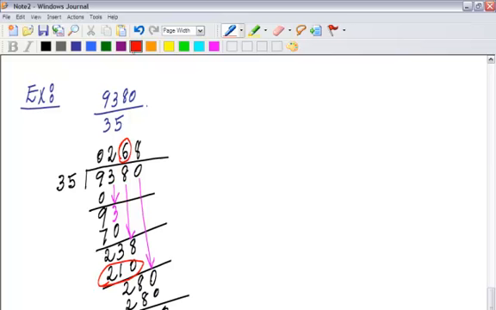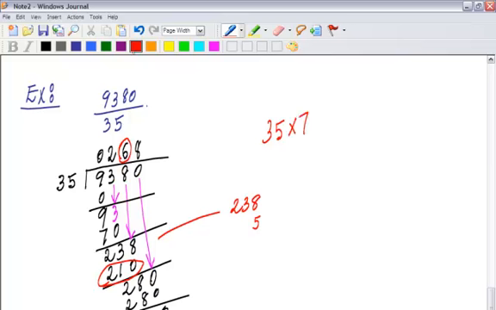Right here I had 238. If instead of picking 6, I pick 7, then what is 7 times 35? I'm multiplying 35 with 7.